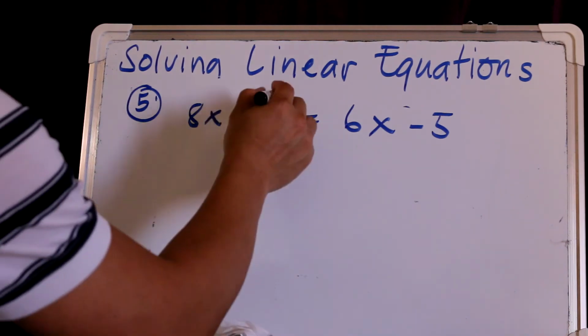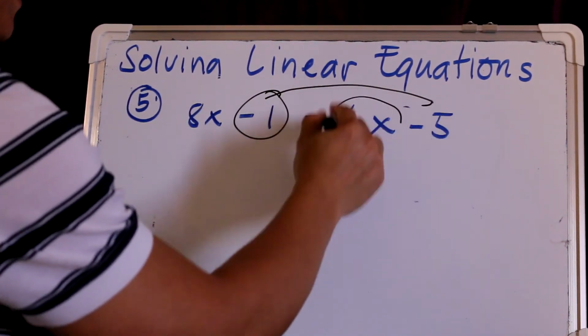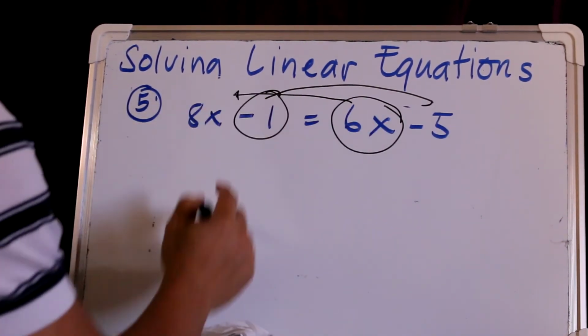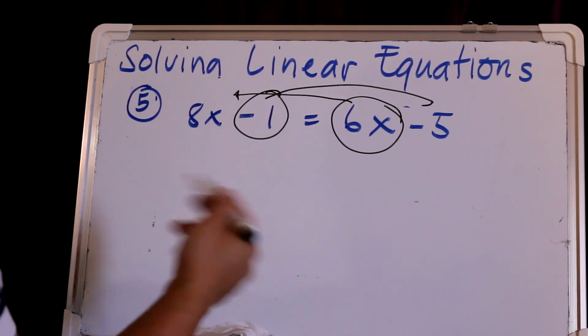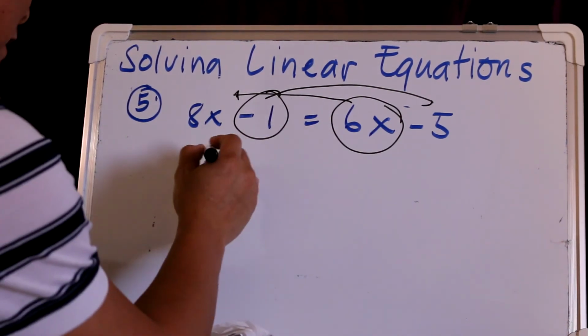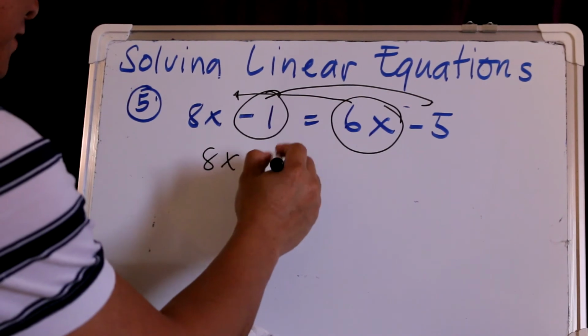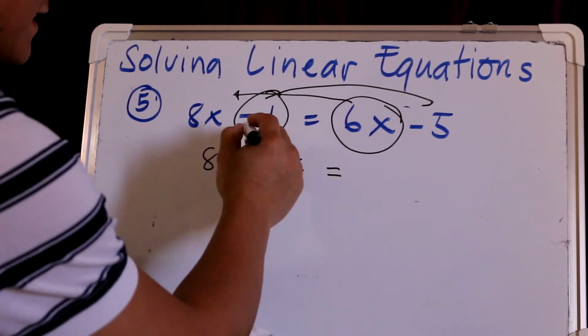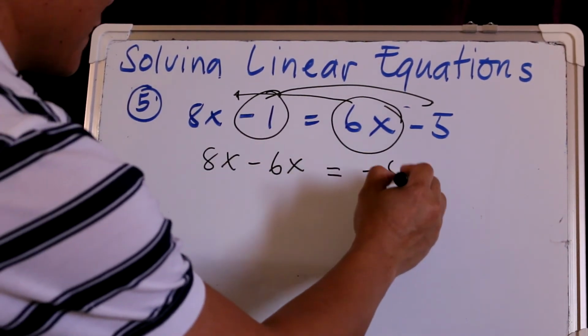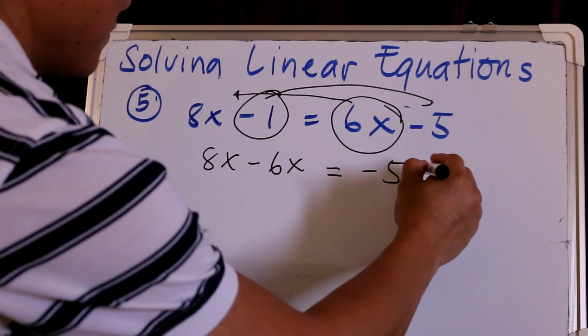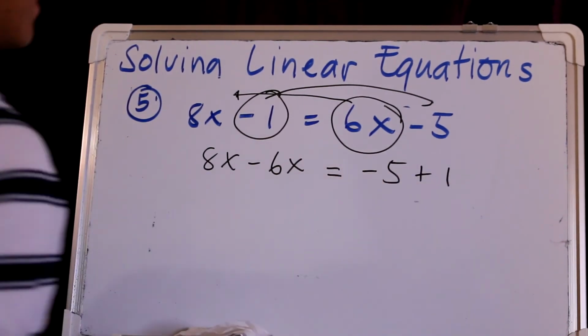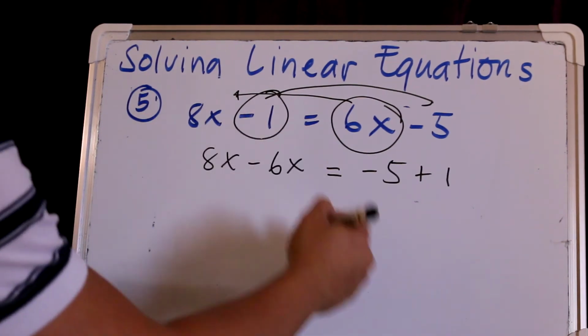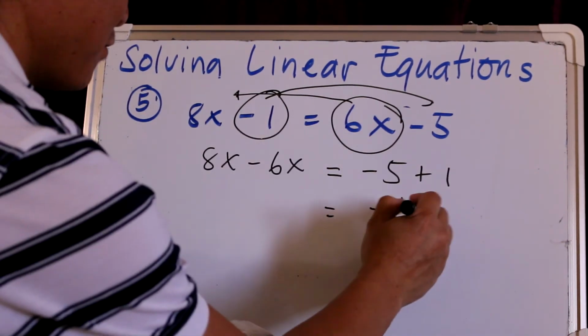So doing that, this one goes there and this one goes here. So we will combine them. So you will have 8x minus 6x and you will have minus 5 plus 1. So this becomes minus 4.